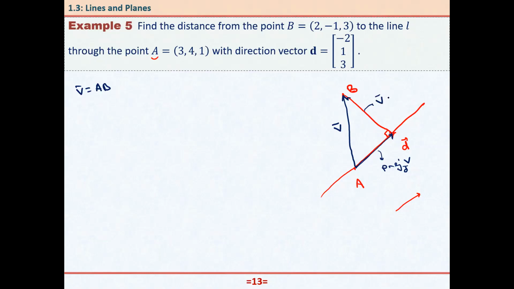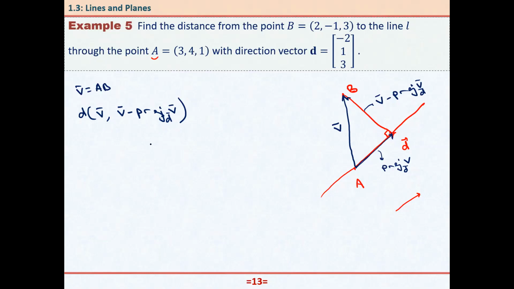This vector is V minus the projection of V onto D. The question is to find the distance from the point to the line, which means we need to find the length of this vector, V minus the projection of V onto D. In a different way we can find this.